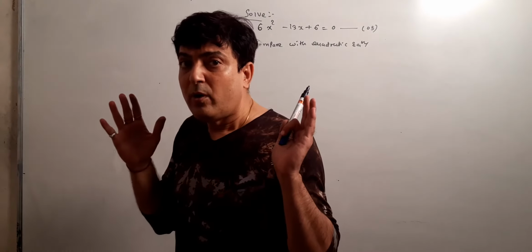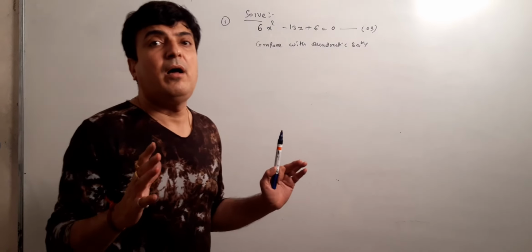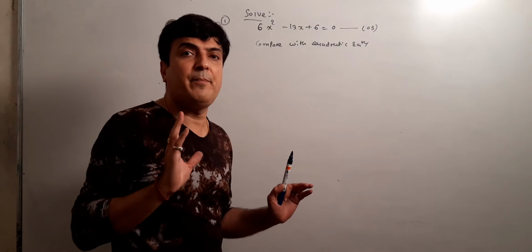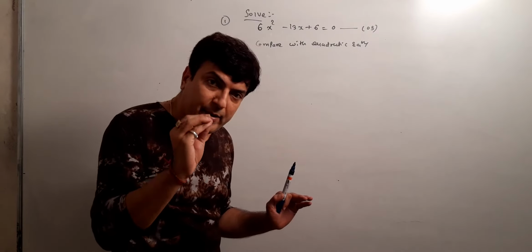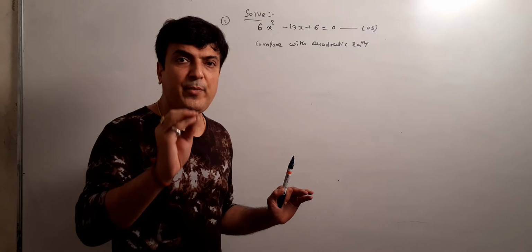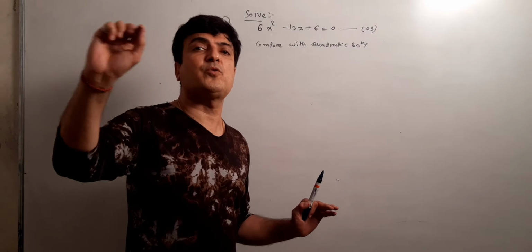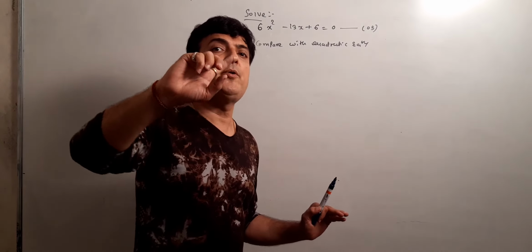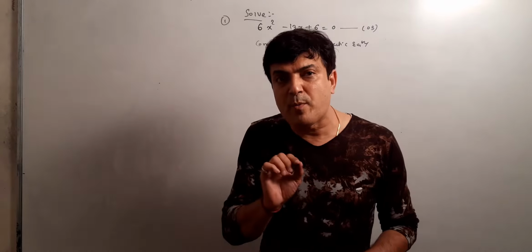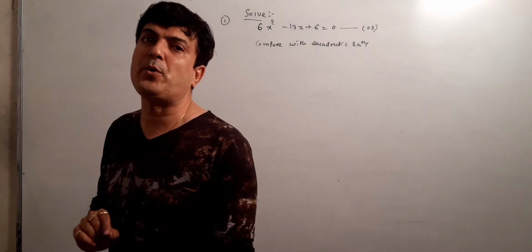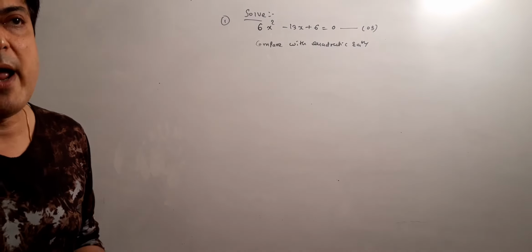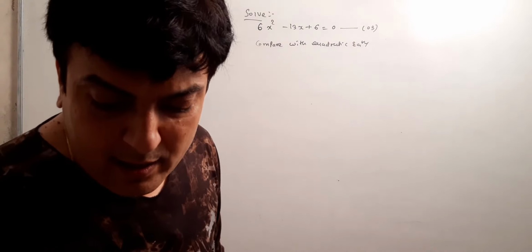Okay, so you have to be ready with the basic concept of how to calculate a, b, c, the discriminant, and after the discriminant you have to take the square root of the discriminant, and you keep in mind alpha and beta real roots: alpha equals minus b plus root d upon 2a, and beta equals minus b minus root d upon 2a, in that manner.